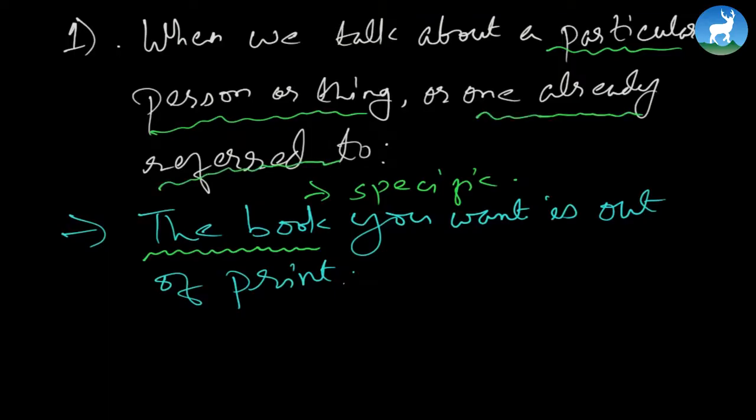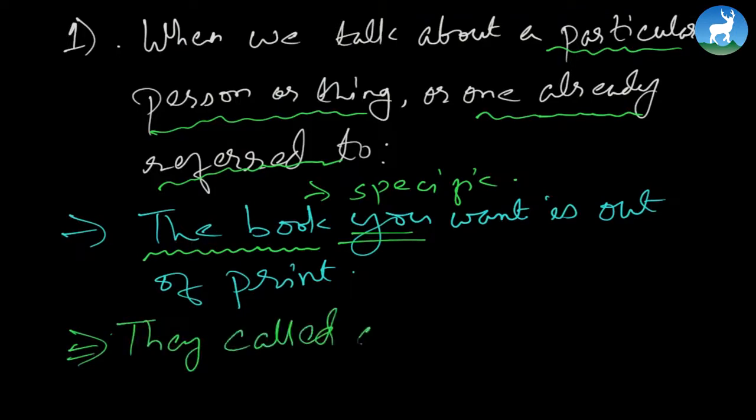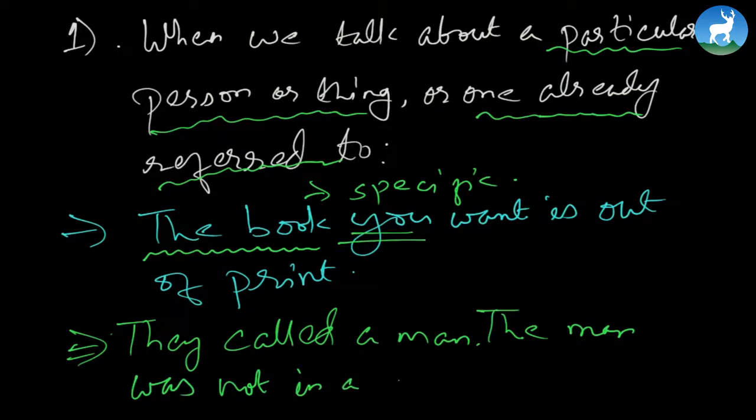So the book you want, meaning this person here, must have asked for a certain book. And he gets the reply, the book you want is out of print. Here again, we're talking about two things. One, the book is particular, and this book has already been referred to. And number two, they called a man, but it continues, the man was not in a mood to come, let's say.